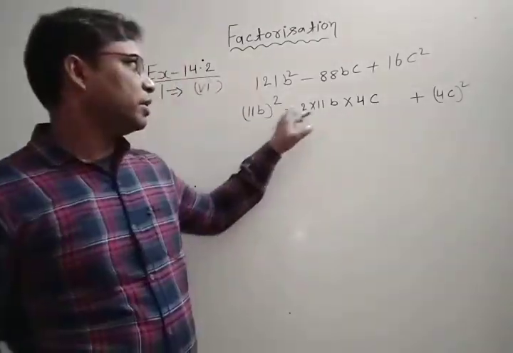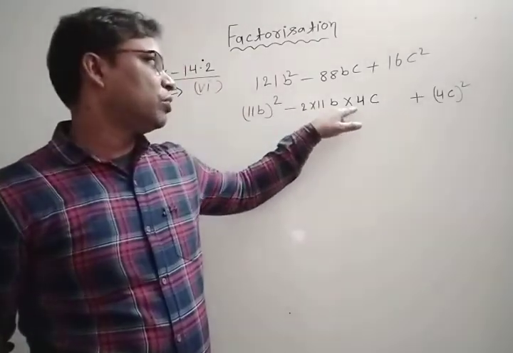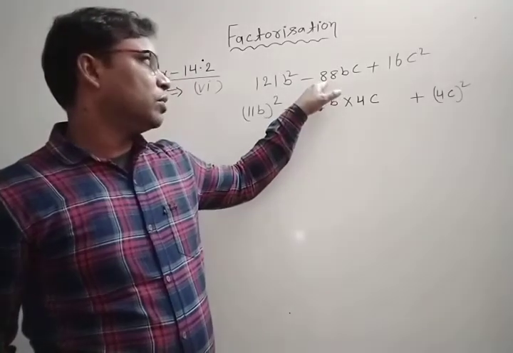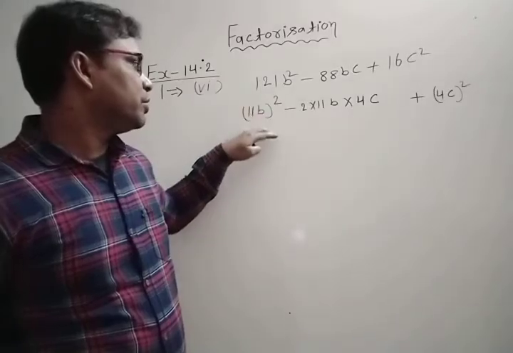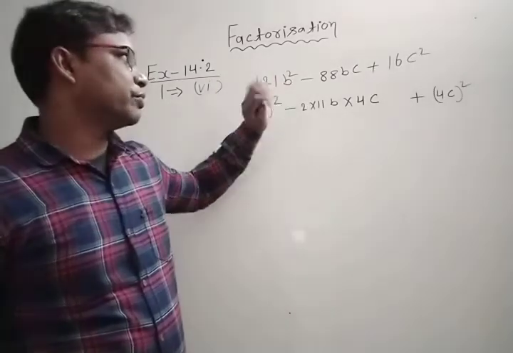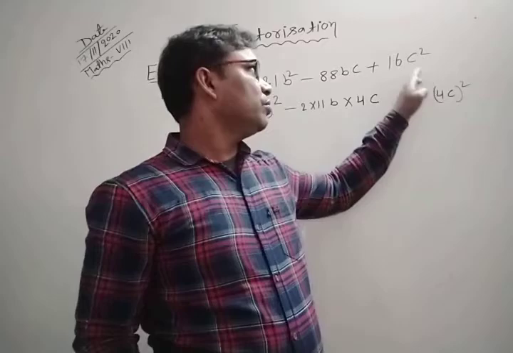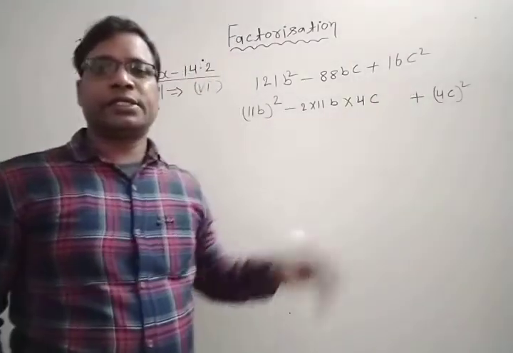So 2 into 11b into 4c is equal to 88bc. The whole square of 11b is equal to 121b square. The whole square of 4c is equal to 16c square.